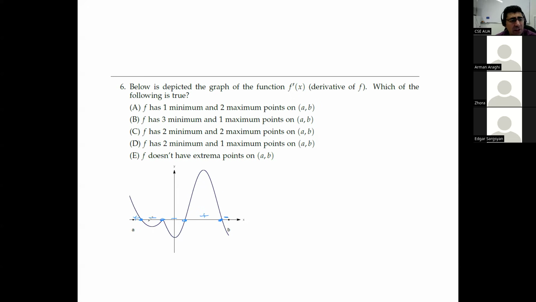Let's discuss the first critical point. From positive to negative, function increasing then decreasing. What is the first point? Maximum point, exactly. Second critical point, this one.